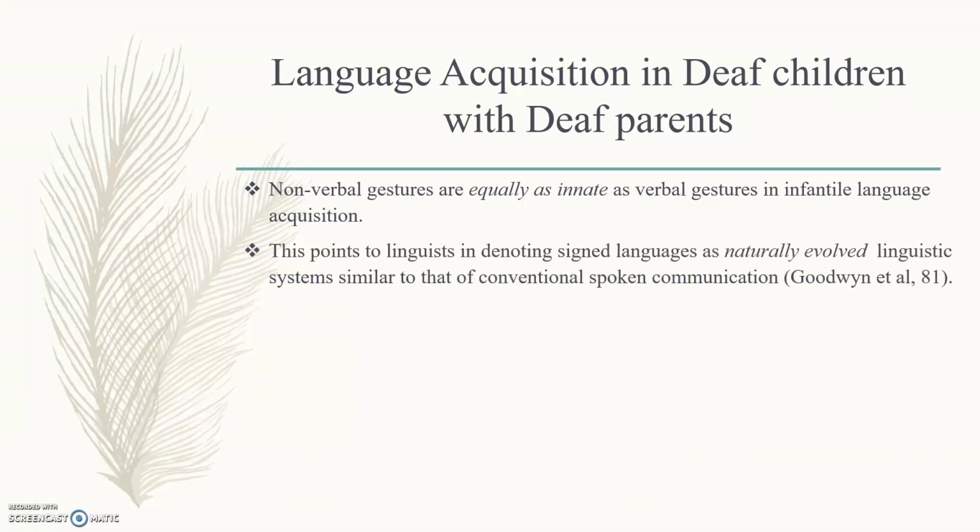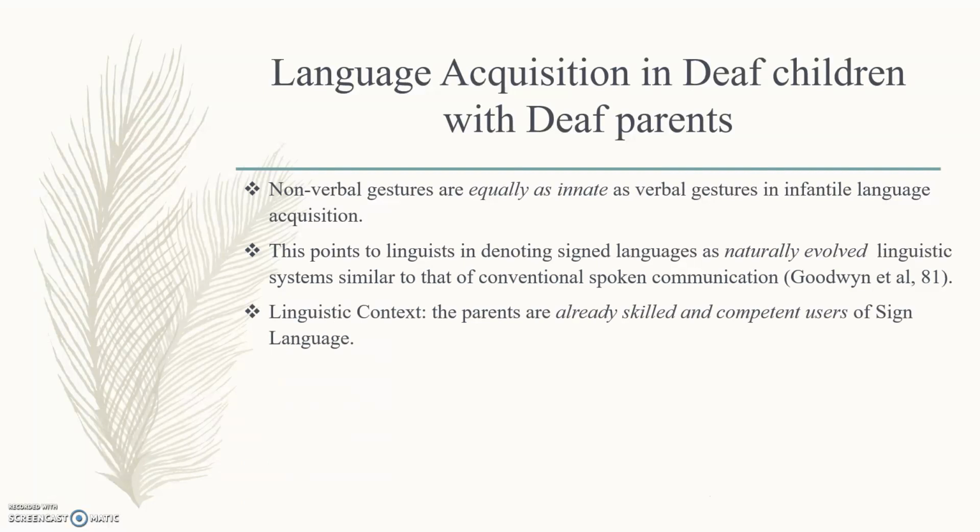So this points to linguists denoting that sign languages are naturally evolved linguistic systems similar to that of conventional spoken communication. Linguistic context in this situation particularly already implies that the parents, being deaf, would be already skilled and competent users of sign language.